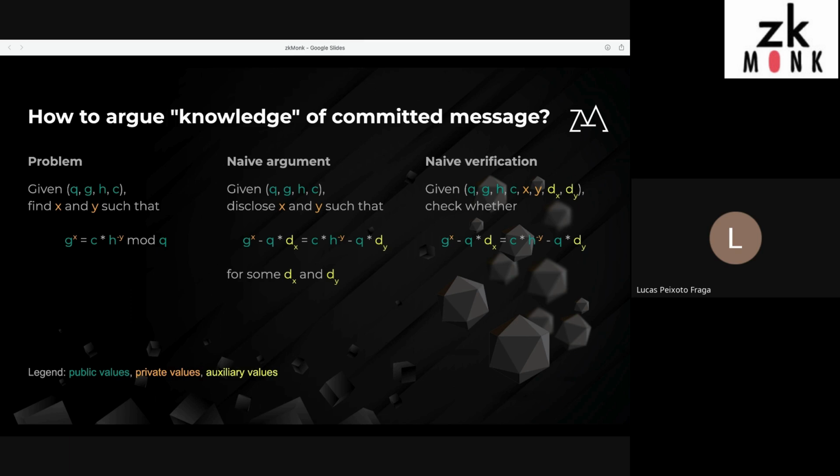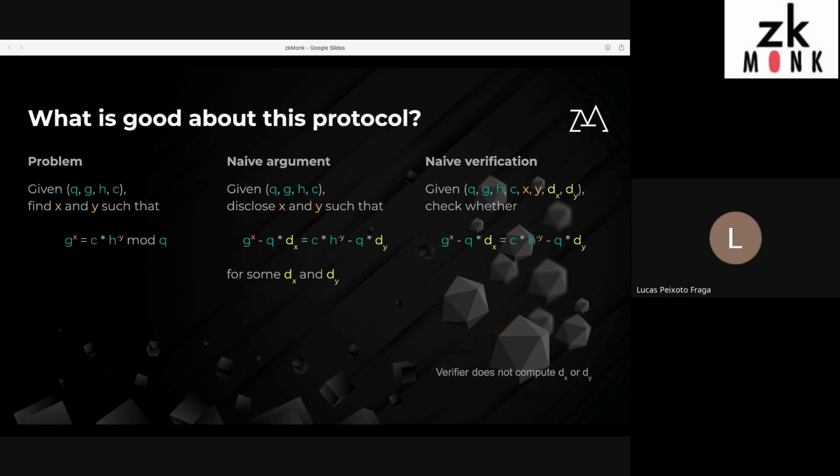Why are these auxiliary values important? The good thing about this scheme that I'm showing here is that the verifier doesn't have to compute the X and the Y right away, okay? If these values were not given, the verifier would have to perform a division that is very expensive, and we want to remove as much complexity from the verifier as we can.